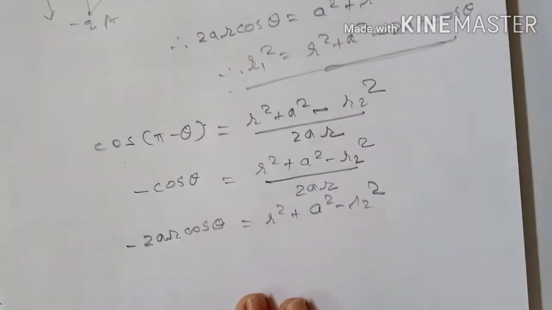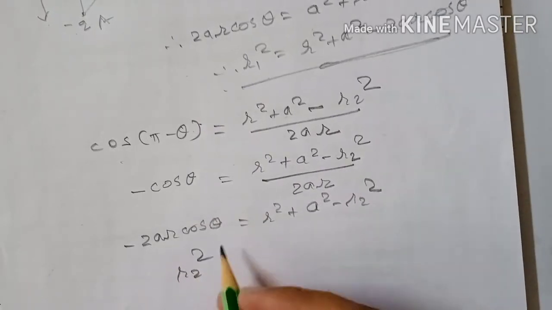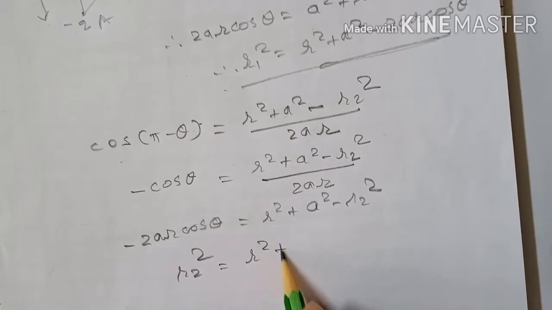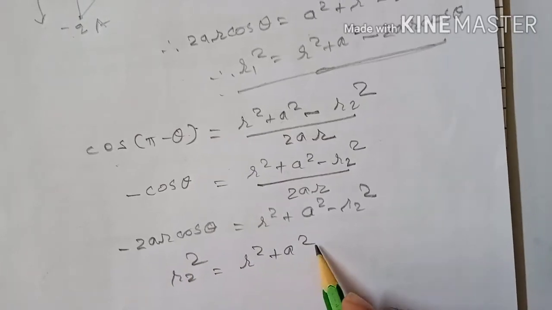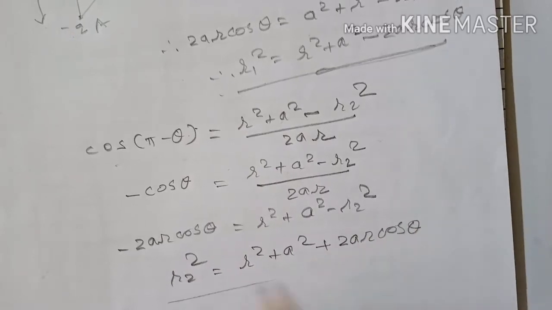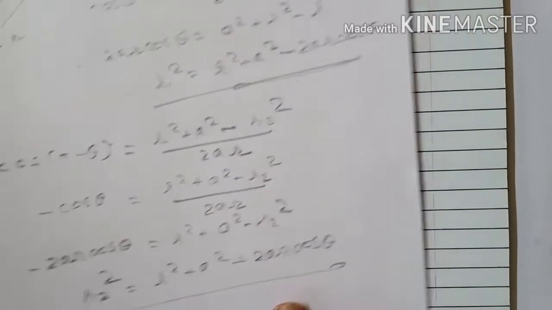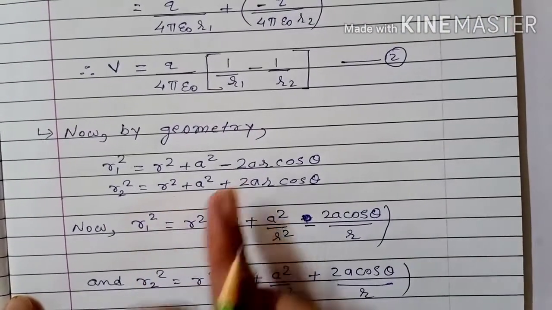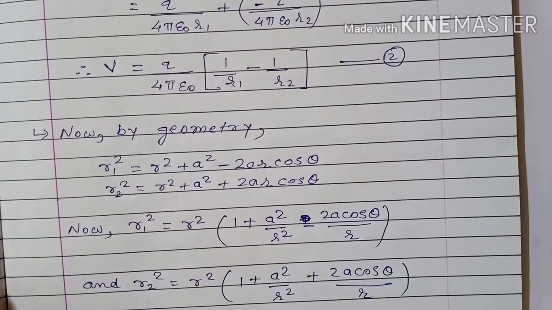If you are interested in r2 square, then r2 square is equal to r square plus a square minus 2ar cos theta, and if we take it to the right hand side, it becomes plus 2ar cos theta. So r2 square is equal to r square plus a square plus 2ar cos theta.